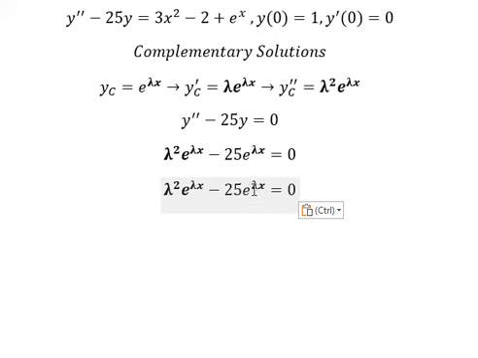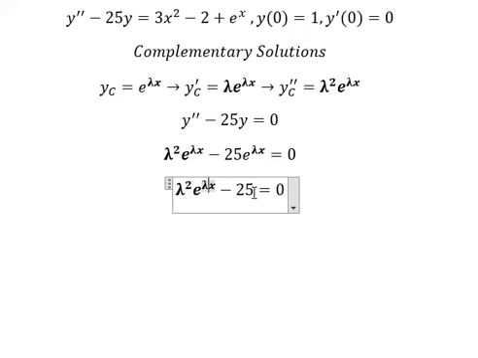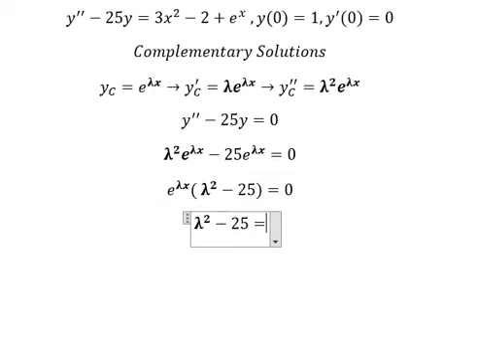Now we can do factorization by e to the power of lambda s. So I will put this one equals to 0. And now we need to find the value of lambda.